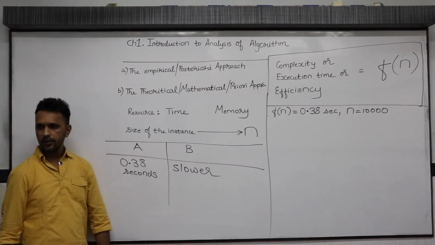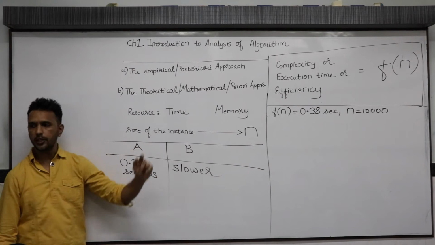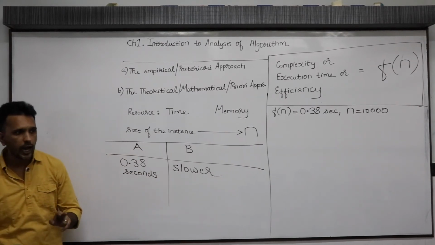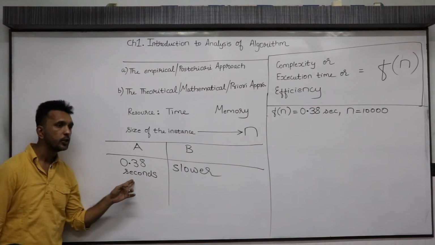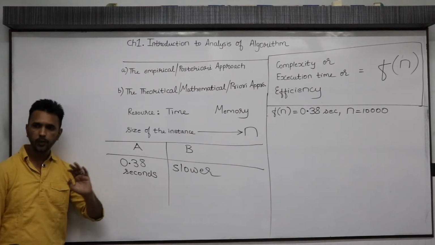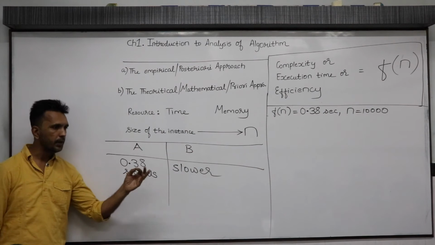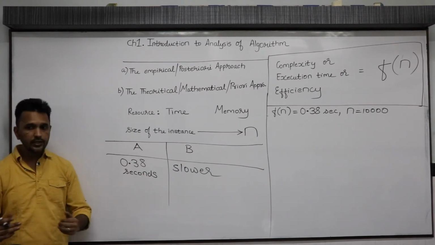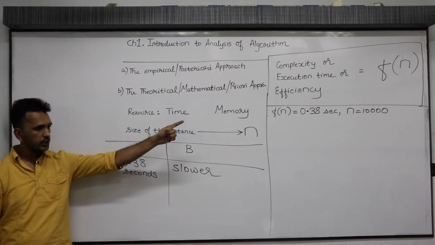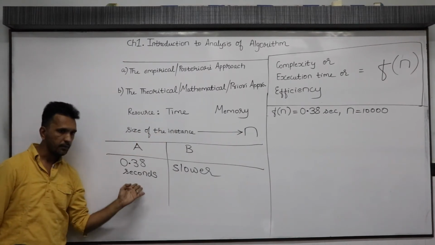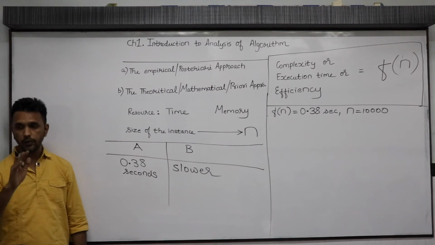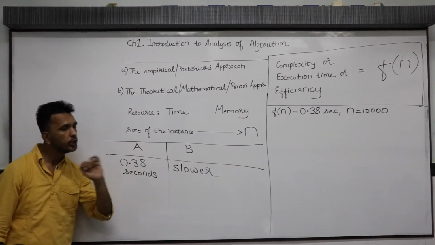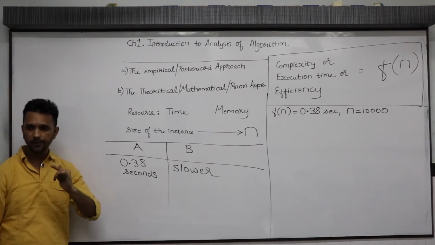Second, minute, hours, all these are units of time. So what I said is the efficiency is machine dependent because we are measuring the execution time in units of time.